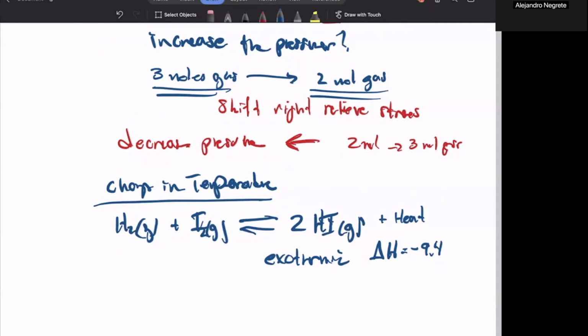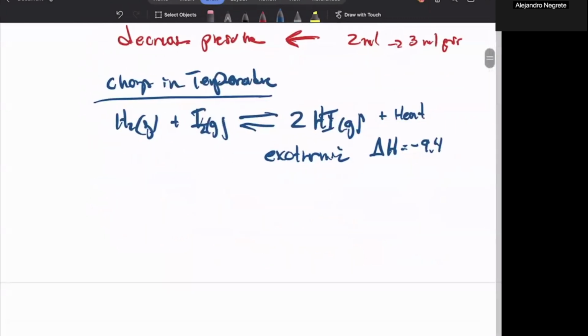So there are different ways that we can change the equilibrium here: change in concentration, change in pressure, change in temperature, and that's specifically what we're looking at here. So if we increase the temperature, and we saw this in the lab, if I'm adding more heat into the reaction, it's kind of like adding more product into the reaction.